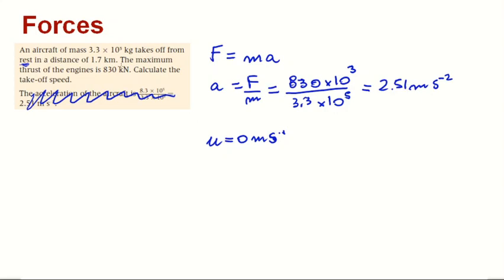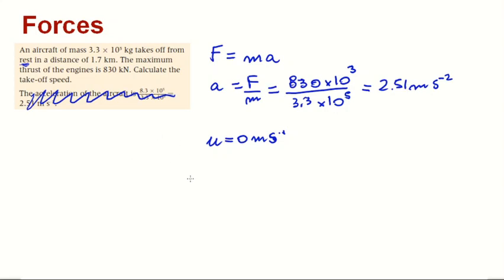We know the distance, right? So which CVAT equation should we use? To answer that question, you have to remember that we have one equation that does not have time. It's not dependent on time. And that's probably the one that we're going to use.